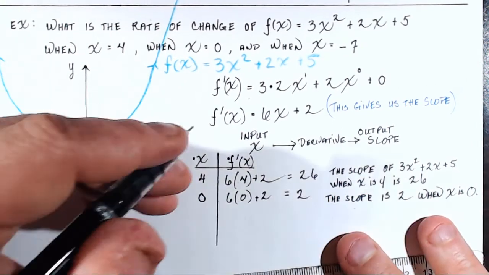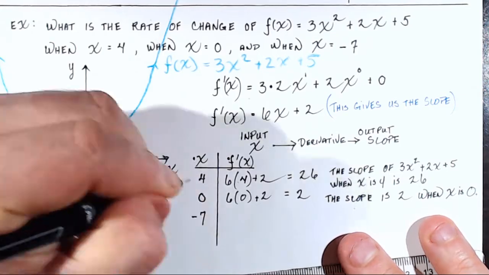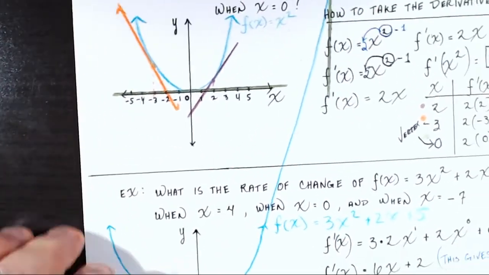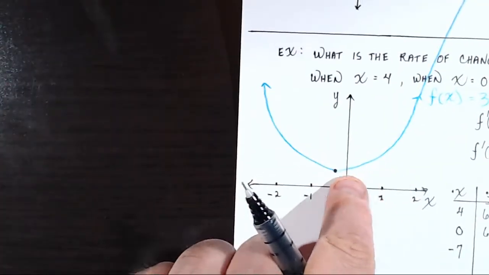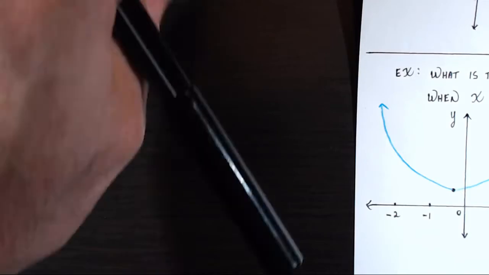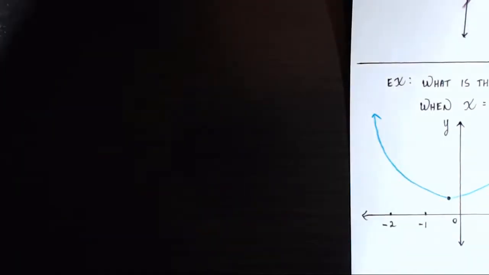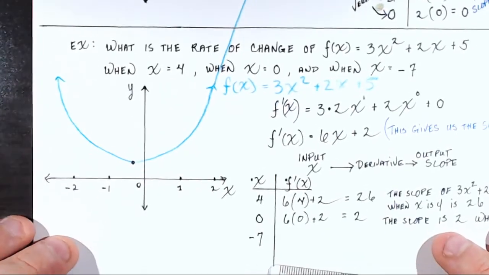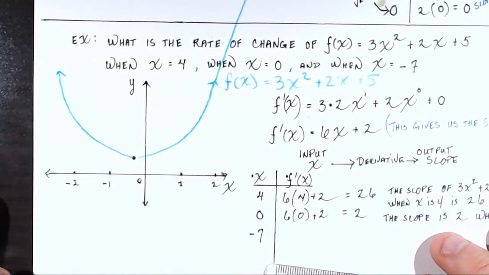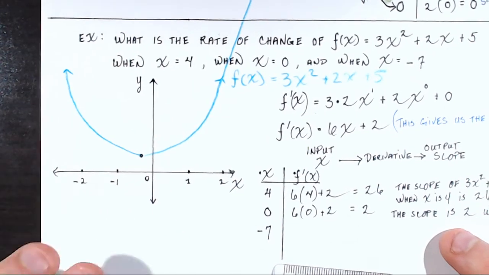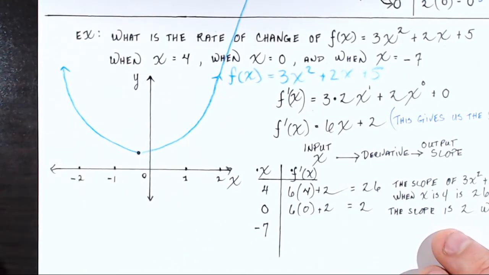Now let's look at -7. So now we're going way, way out here, somewhere over here. Okay, it would be impossible for me to show you where the graph would be, it would be way off the page. I'd have to draw a line like 6 feet long. So the x value is -7.